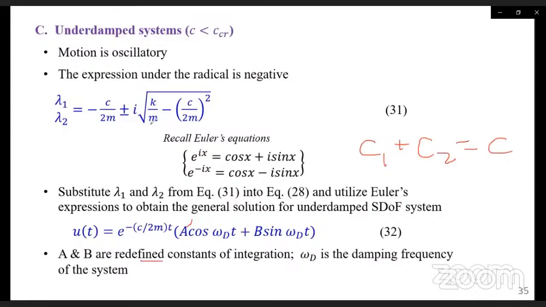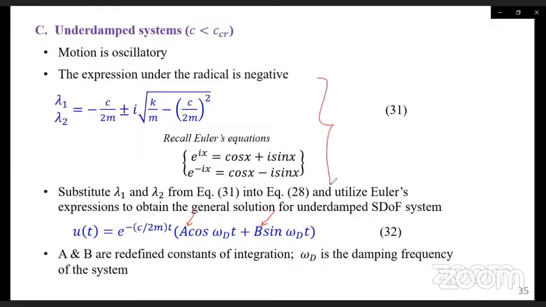And then the omega, which is the frequency, we introduce a subscript d to imply the damping, to imply that this is damped motion. So this is the damping frequency of the system. Now, what is remaining? We need to get exactly what these coefficients of integration are.